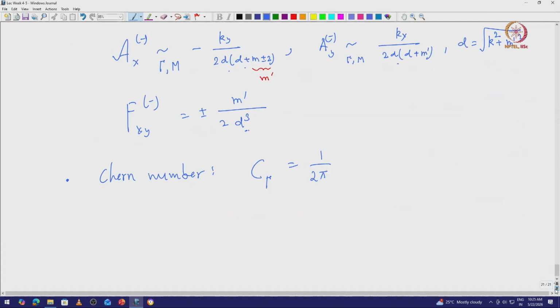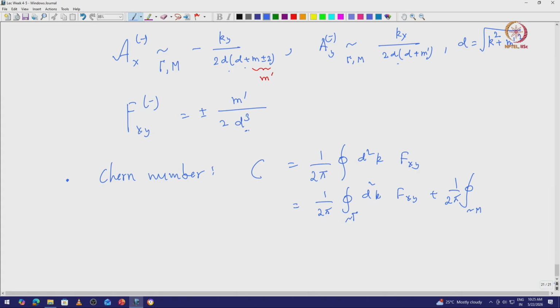So we are just looking into the gamma point, and the total Chern number is near the gamma point plus near the M point.